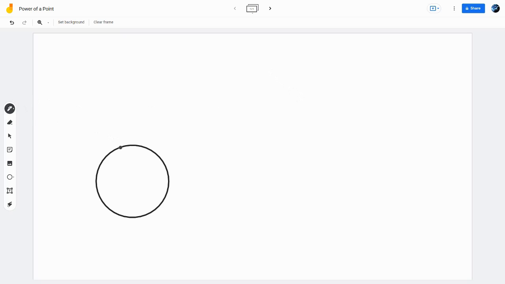Let's say this is A, and this is B, and then this is the center O. And basically, let's say this angle is theta, this is how we denote angles. If the angle AOB is equal to theta, then the measure of the arc AB is also going to be equal to theta, okay?